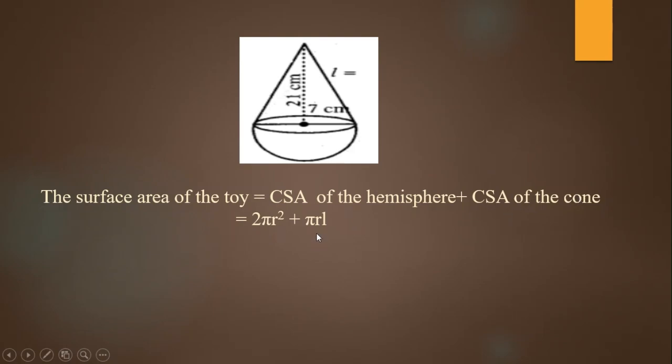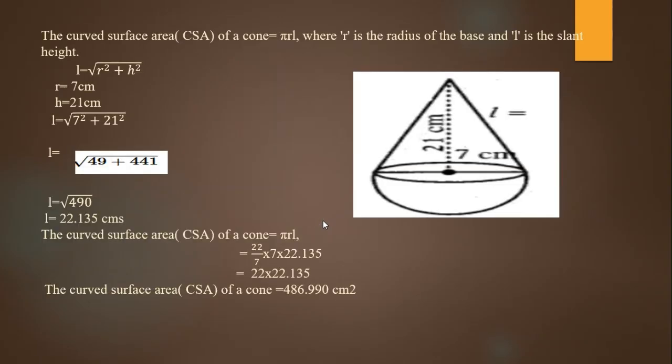Pi r L. R is the radius of the cone, but L is the slant height of the cone. This is also an unknown, but no need to worry. As we know the height and radius of the cone, we can find the slant height also. So first we are calculating the curved surface area of the cone.